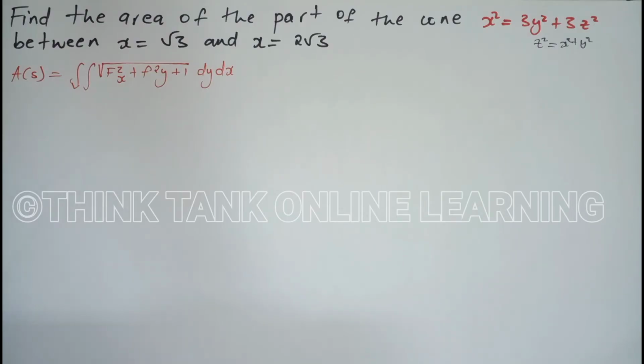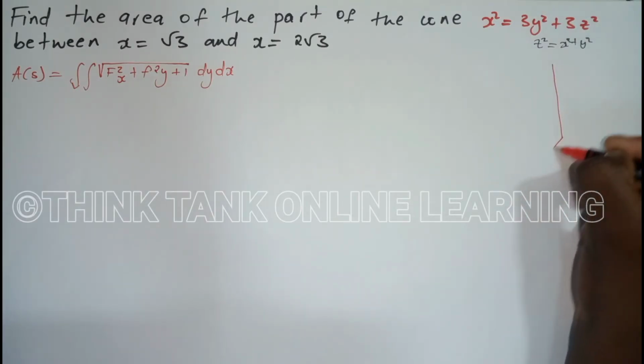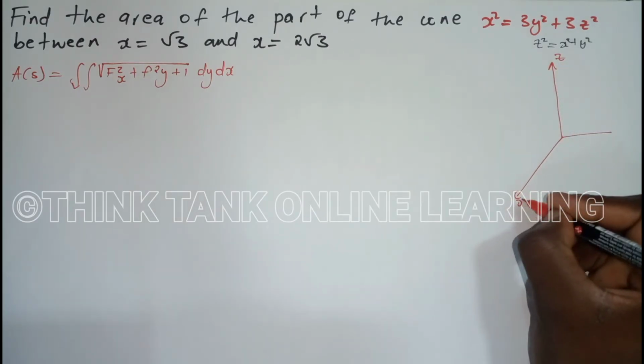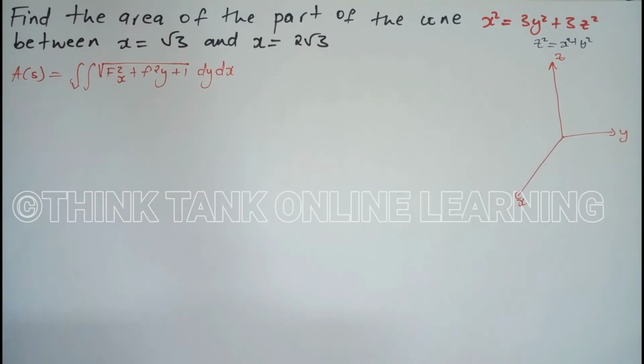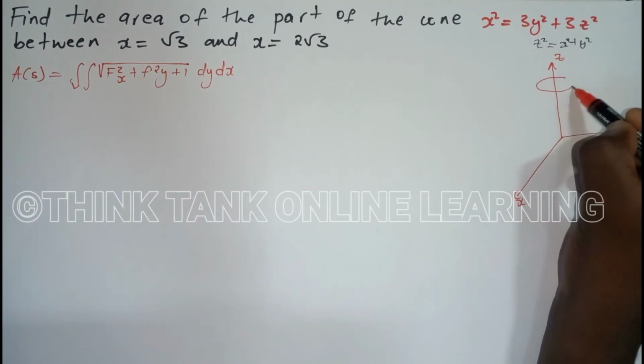Okay, so now let's try to sketch this cone, but I don't know this cone. So I'm going to sketch my normal cone right here. This is my z-axis, this is my x-axis, and this is my y-axis. What does a normal cone look like? The normal cone looks like this.